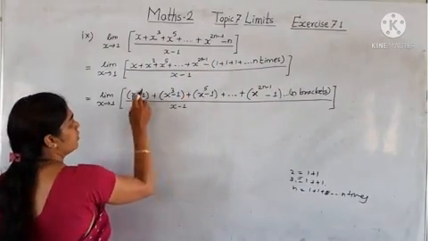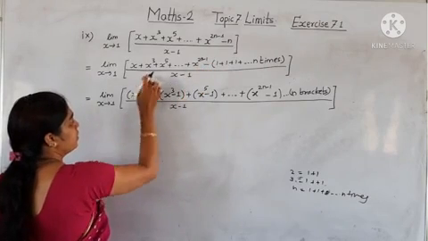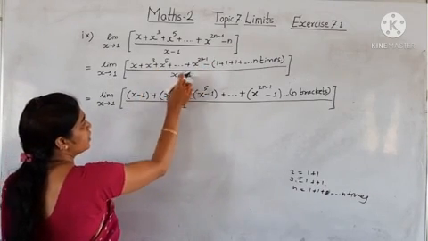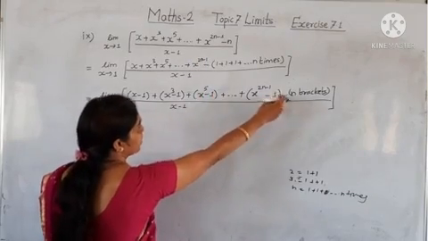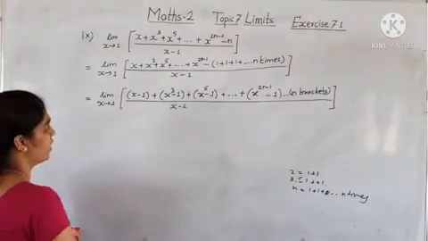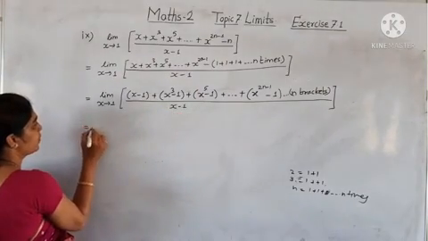Take 1 with each term: (x minus 1), (x cube minus 1), (x raised to 5 minus 1), up to (x raised to 2n minus 1 minus 1), all in brackets, upon x minus 1. Now separate the limit.